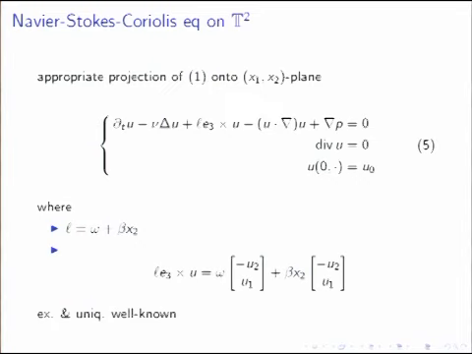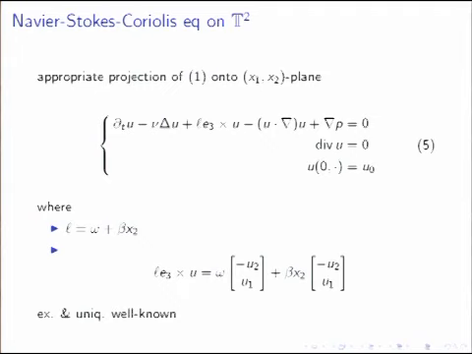The appropriate projection, which you have to do carefully, looks like this. Again, you have this Coriolis forcing term. This is the vector product of the vertical component with the velocity field, which is only two-dimensional, so you get actually a projected two-dimensional velocity field. This is what I mean by this equation.